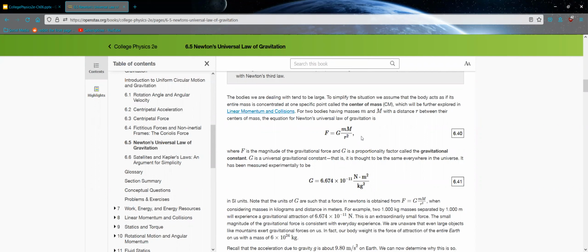And cool little concept here, similar to Newton's third law of motion, the equal and opposite forces, gravity impacts both things equally. So the pull that the Earth is imparting on the moon is equal to the pull the moon is imparting on the Earth. It's just one's bigger than the other, so they are affected differently.